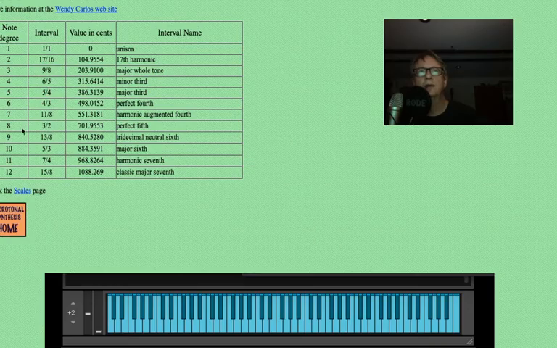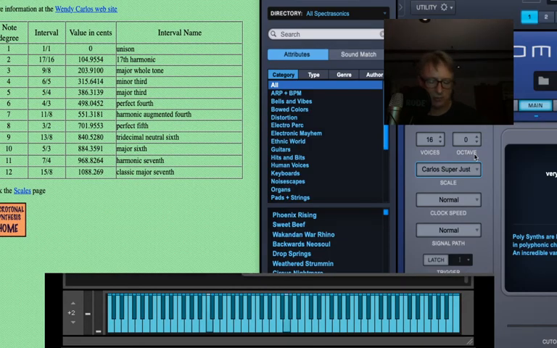Our 5th was 3, and now it's transposed down an octave, so it's 3/2 instead of 3/1. And our major third is 5/4 instead of 5/1. That just brings it down within the octave. So that gives us a major chord.